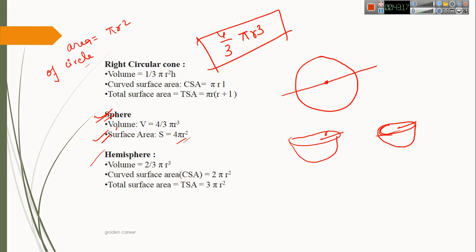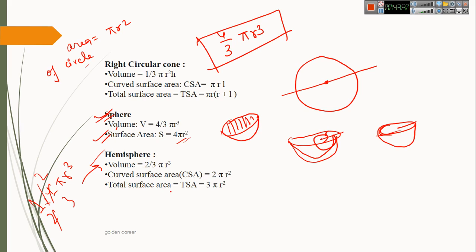Now considering hemisphere, as the name suggests, it is half of the sphere. If we cut this sphere from the center, and divide it into two parts, then we have two hemispheres of radius r.